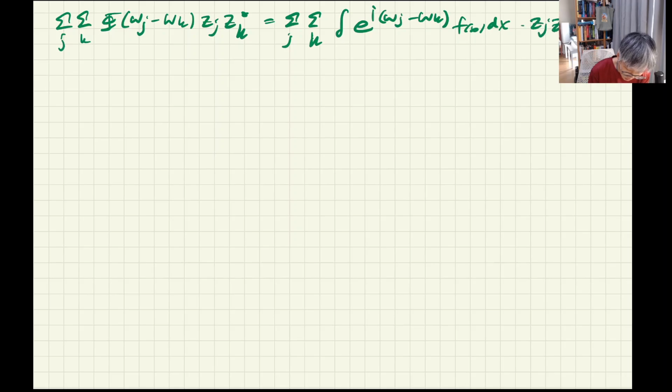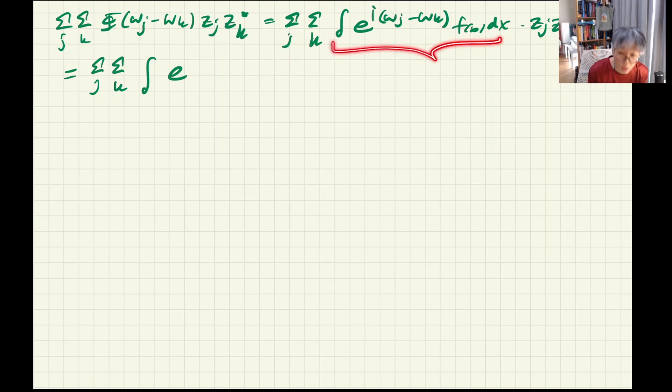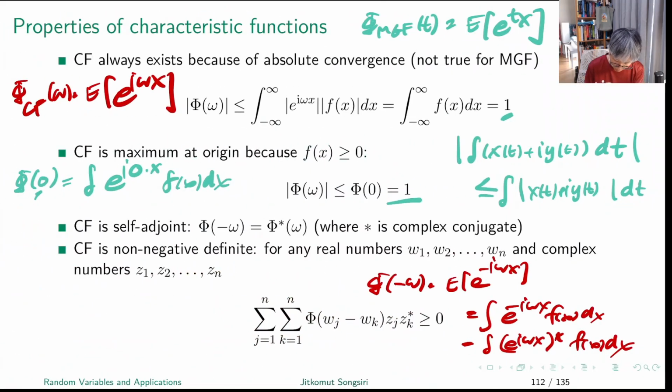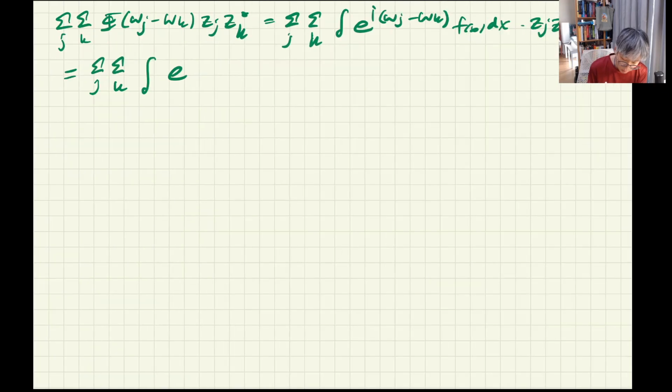and then multiplied with z_j z_k star. Inside this integral the variable is x, but my z are just some complex numbers that don't involve x, so I can also put them inside the integral.